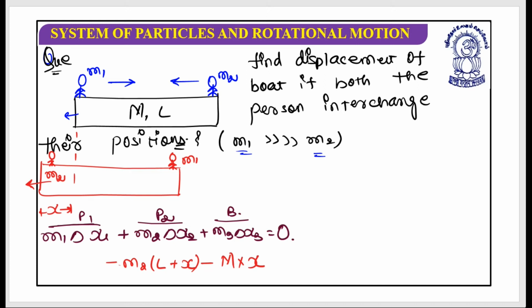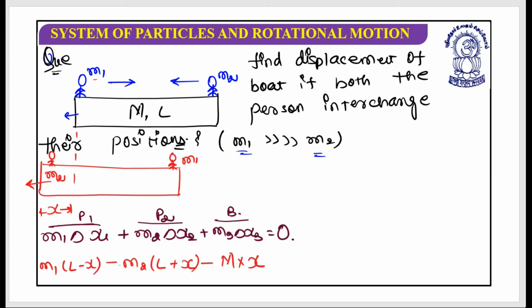I hope you can feel this, because when person m1 is going to move in the positive x direction, it needs to travel a distance of L minus x only. So this is the displacement of m1, it's L minus x.